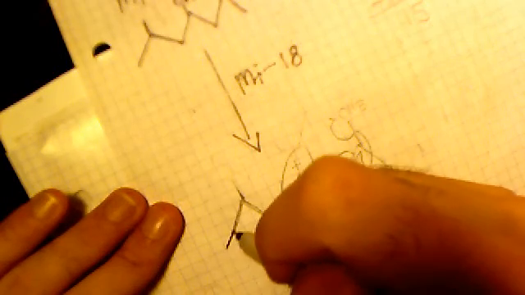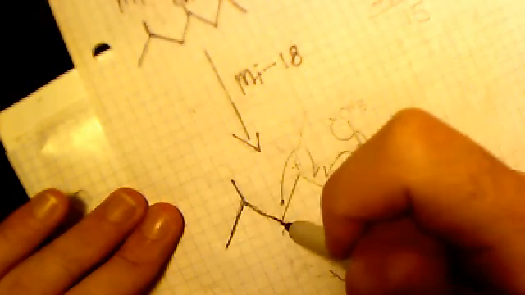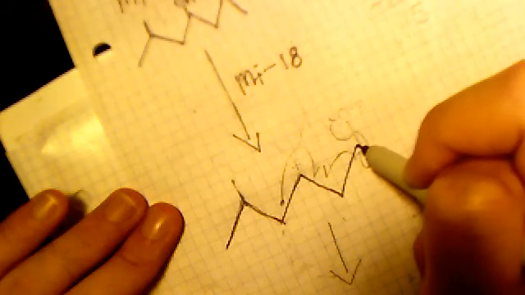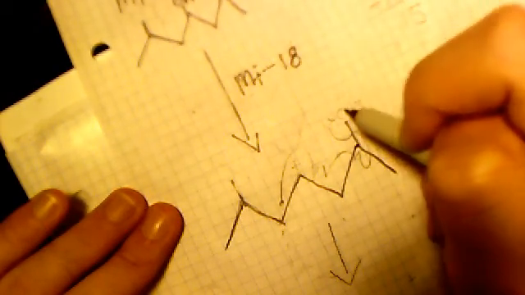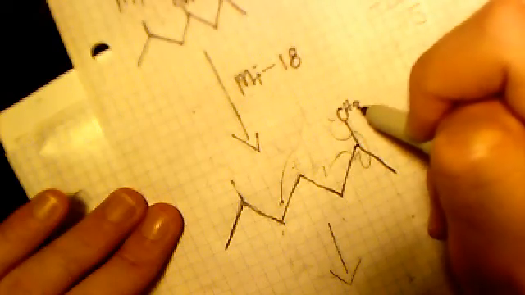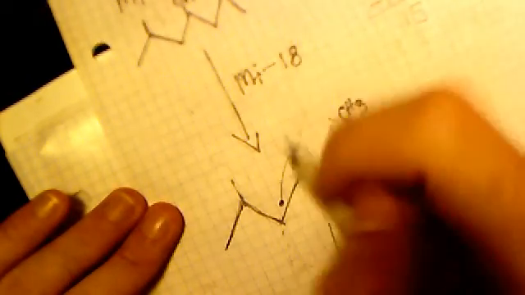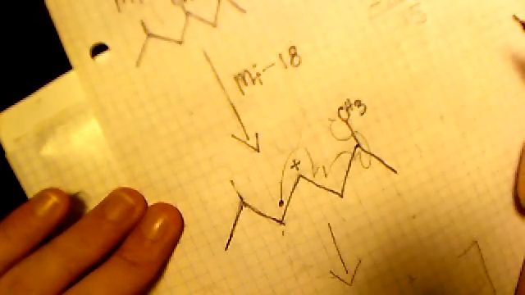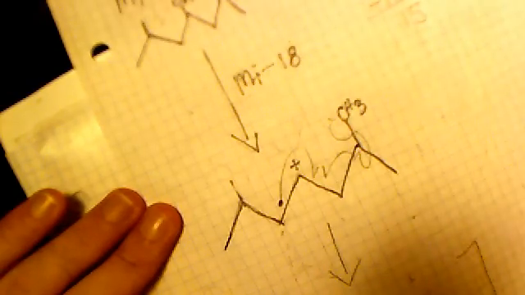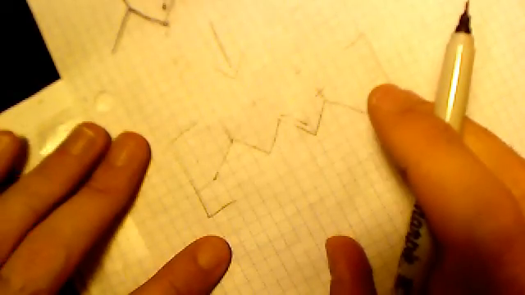So we lost water, and we came up with this molecule right here, with the radical or the lone electron right there, and the positive charge up here. From the book, I think it was question 933, the same question as in Wiley, this is the answer that they gave.